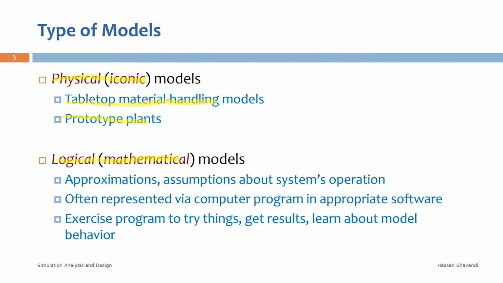The logical or mathematical models that we are going to use in this course are based on some approximations, assumptions about the system's operation, and usually we actually represent the system by some equations, mathematical formulations, and at the end by a computer program, okay, in appropriate software.